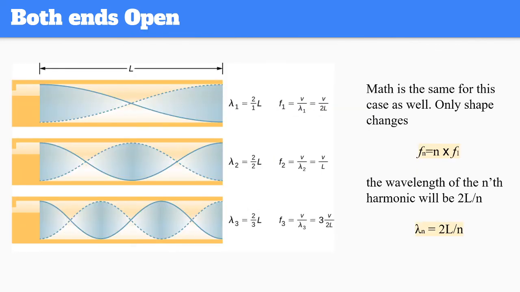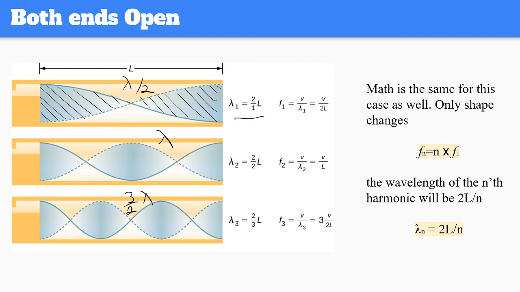Alright, so this is going to be very similar and actually the exact same thing. The only difference that we have over here is the shape. Because this is also half of a wavelength, this is a full wavelength, this is 3/2 wavelength.